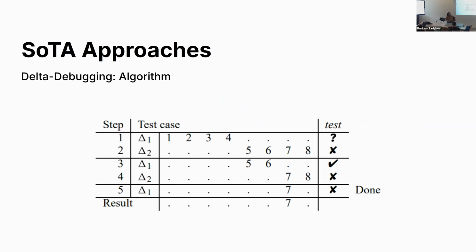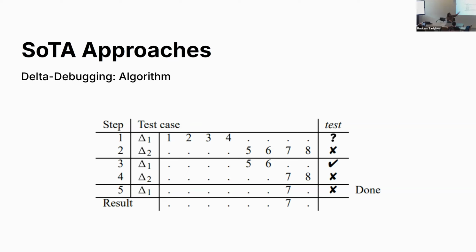And there is an approximation algorithm that is based on something like a binary search. How does it look? The first step, we divide all items into groups of the same size, and then we try to retain every group without the others and test with these items, deleting the others.